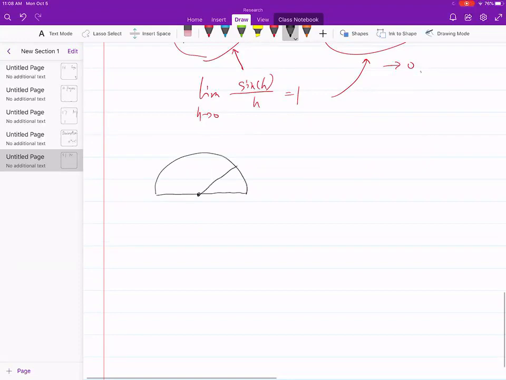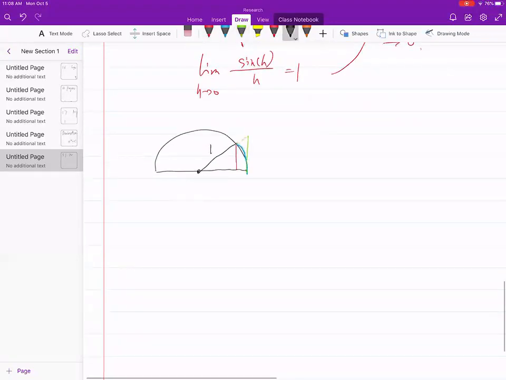Draw the unit circle. You have the red. We have the blue arc. We have the green segments. And now we're right at the red is sine h. The blue is the arc.